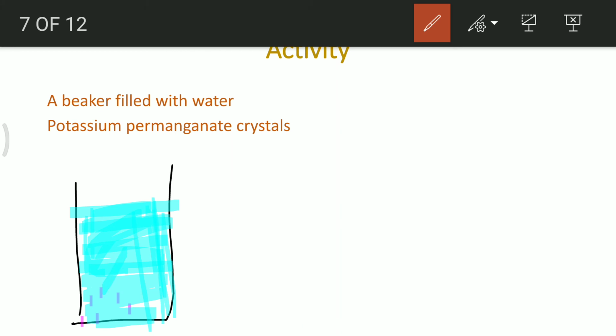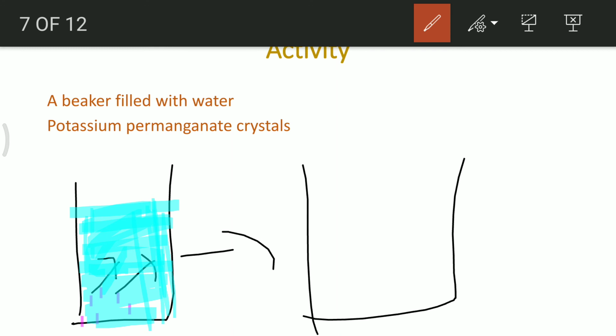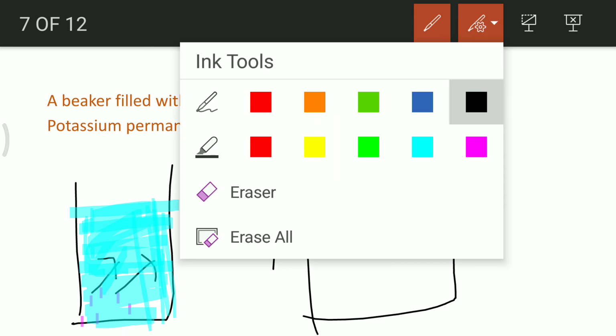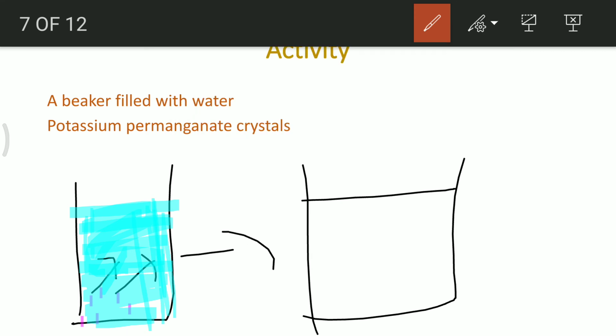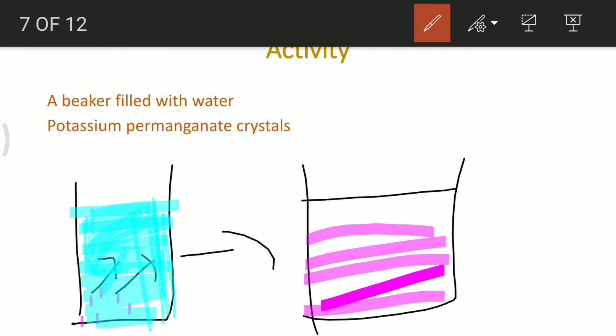Once they start diffusing, they will try to evenly distribute the color amongst the entire beaker. So this beaker, which was initially blue colored, will tend to become a mix of blue and pink.